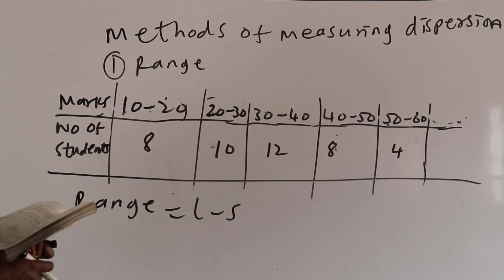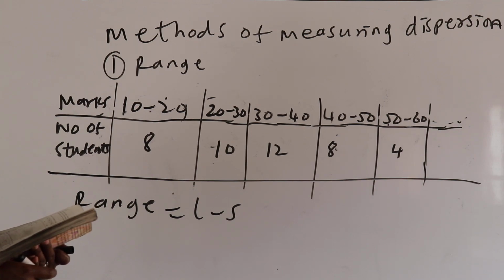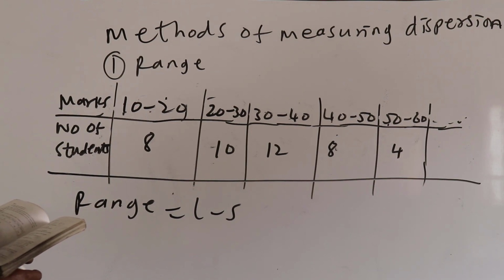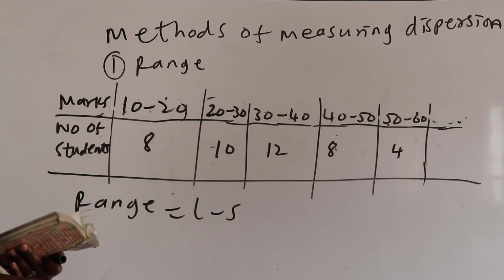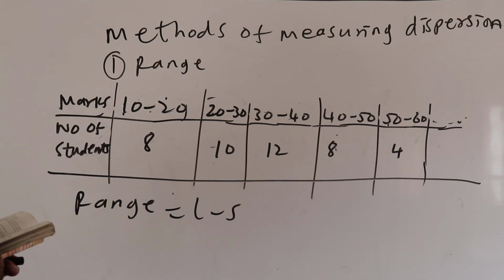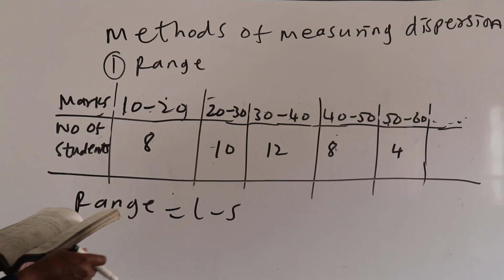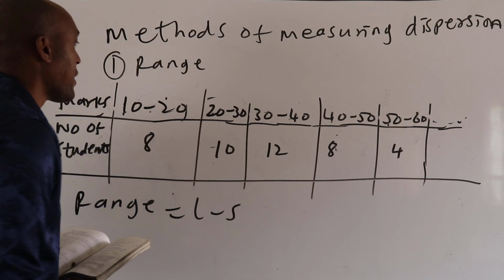So in this case, we want to know how we get the lowest value and how we get the highest value. Sorry, the largest value and the smallest value.